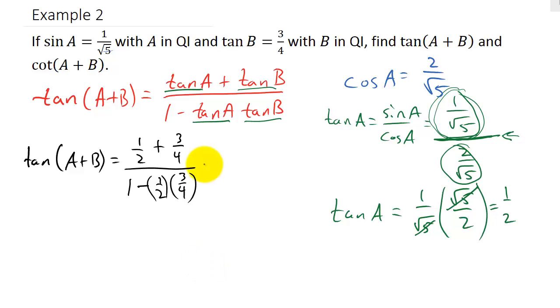And so this is going to give me 1/2 plus 3/4 over 1 minus 3/8. Alright. Now, do we remember how to simplify this thing? This is a complex fraction. Let's write this as 1 over 1 so everything looks like a fraction.